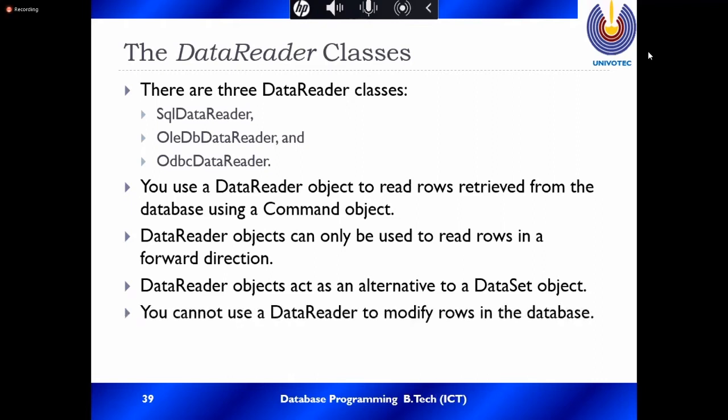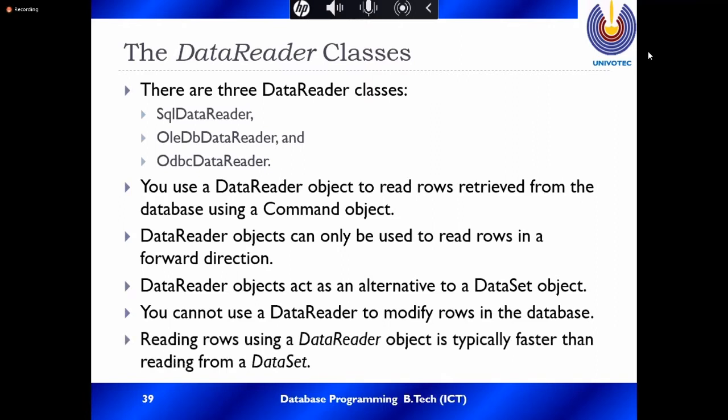Okay, you cannot use the data reader to modify the rows in the data. The data reader only reads the data rows, with no modification. But reading rows using the data reader object is typically faster than reading from the data set. If you only want to retrieve and read the data, then you can use the data reader.